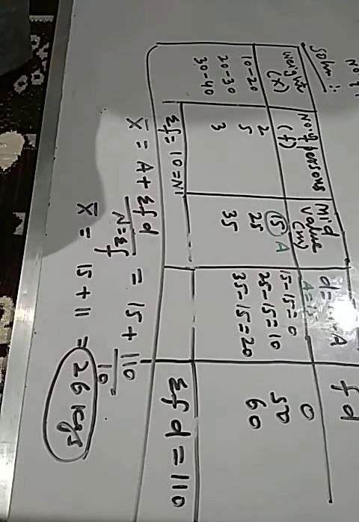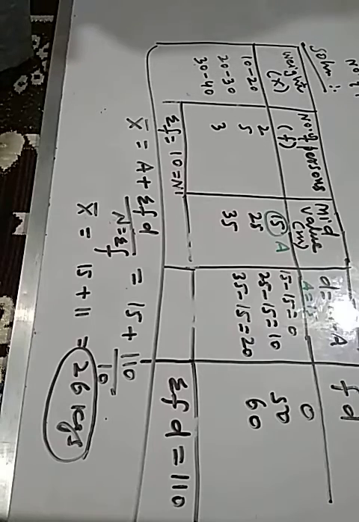This is how we calculate arithmetic mean in case of continuous series, or we can say frequency distribution, using direct method as well as shortcut method.